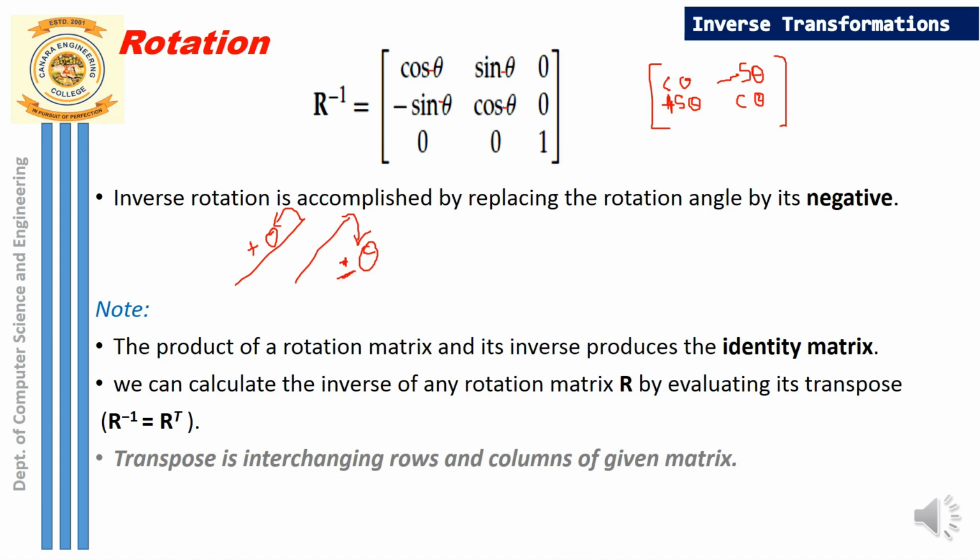So there sine of minus theta is minus sine theta again, and cos of minus theta is again cos theta. So the third row, all the elements are the same as the previous translation matrix. So the last element remains the same. So this indicates it's an inverse rotation along the z axis.